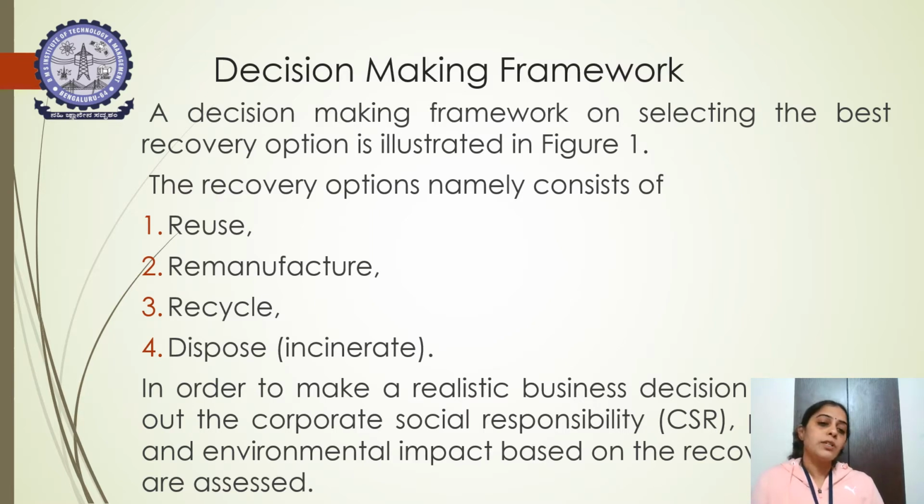And the second option is remanufacturing. How do you remanufacture? Particularly when the product has achieved its sales and profit to a larger extent in the maturity stage, and then it declines at the decline stage.